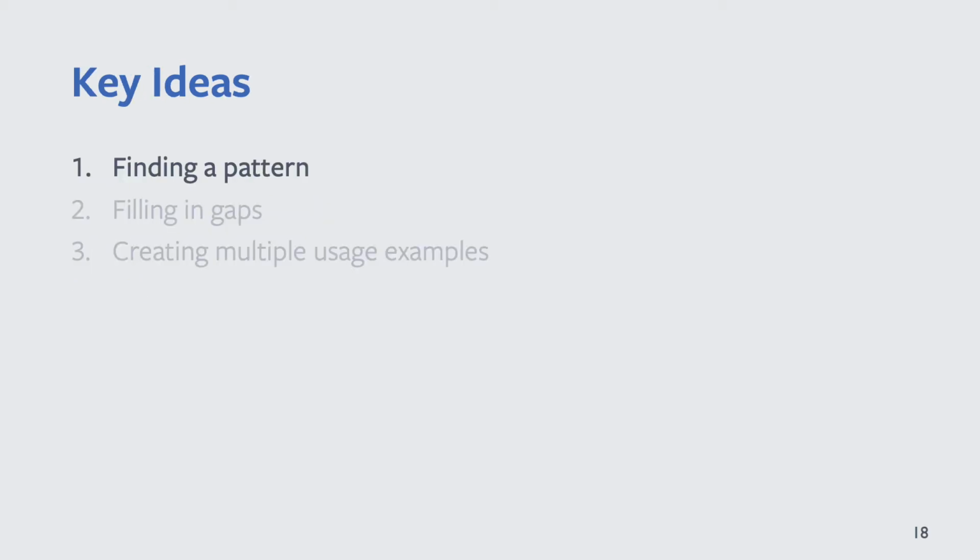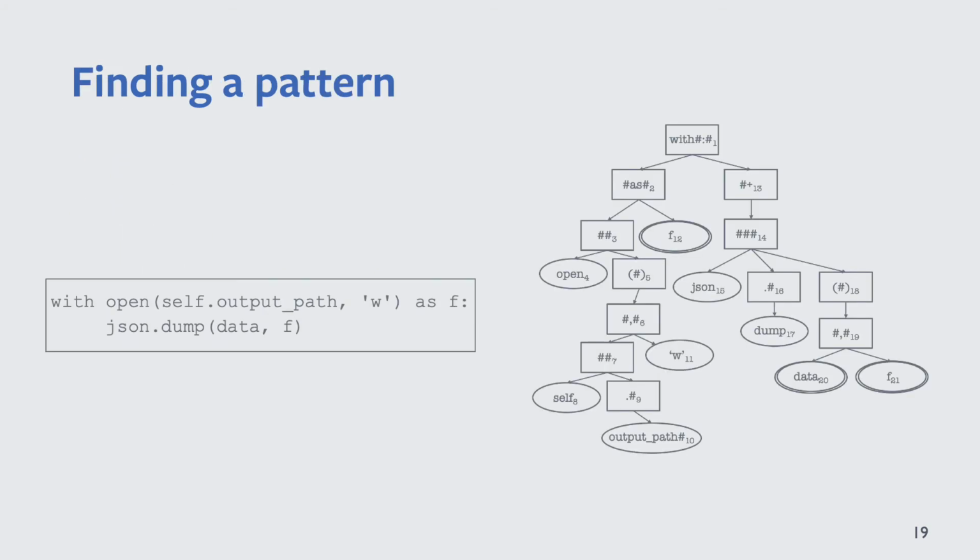The full details of the algorithm are in the paper, but here we will go through a few key ideas. The first phase of the algorithm involves finding a common usage pattern of the query API in our code corpus. Throughout the algorithm, we represent each method in our corpus as a simplified parse tree. We use this parse tree representation for two reasons.